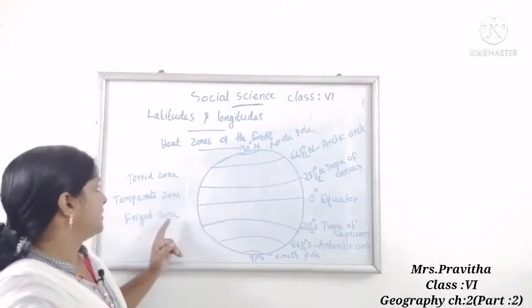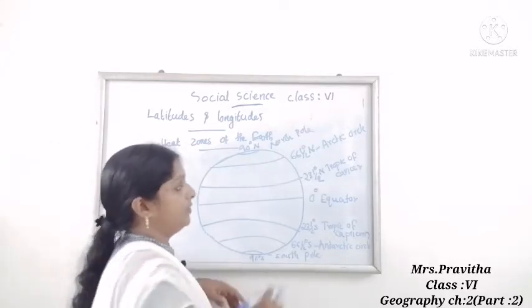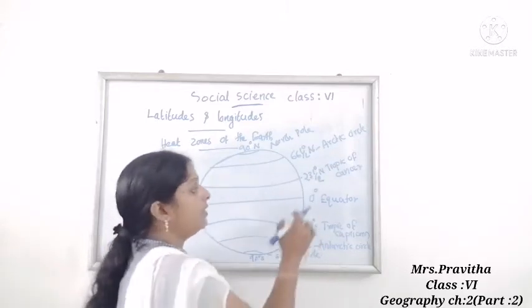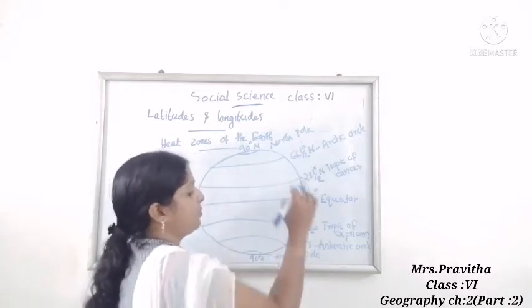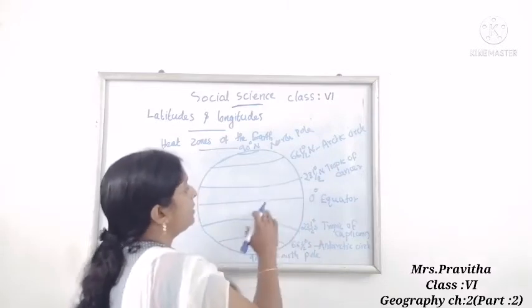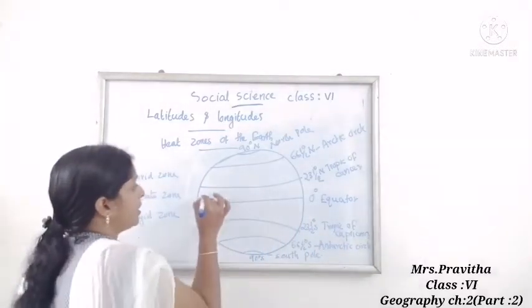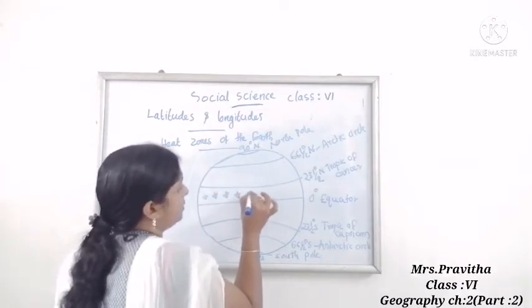First we will study the torrid zone. The torrid zone lies on both sides of the equator, in between the Tropic of Cancer in the northern hemisphere and the Tropic of Capricorn in the southern hemisphere. Ma'am is marking some stars so you can identify it very easily.